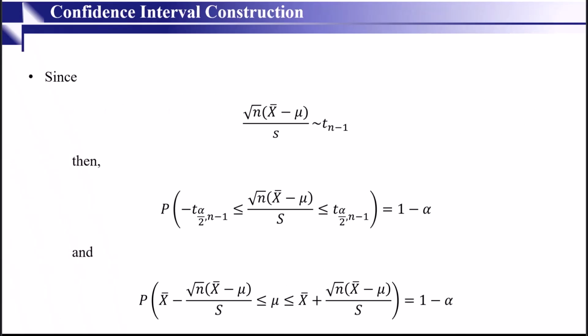We know that root n times x bar minus mu divided by s follows a t distribution with n minus 1 degrees of freedom. This equation indicates that the standardized sample mean, adjusted by the sample standard deviation s and the sample size n, follows a t distribution with n minus 1 degrees of freedom.